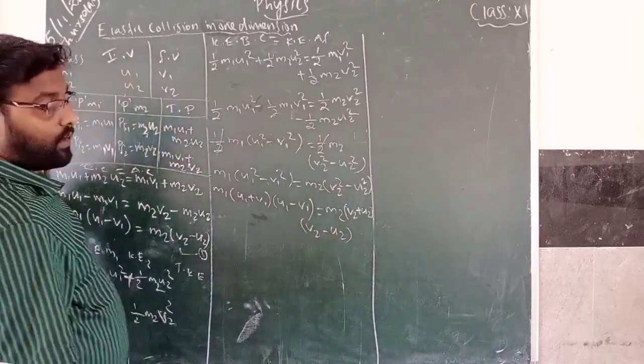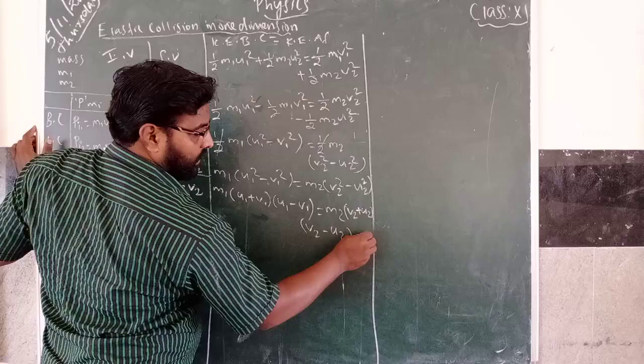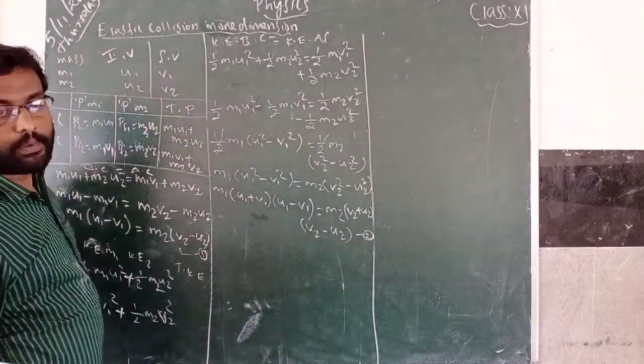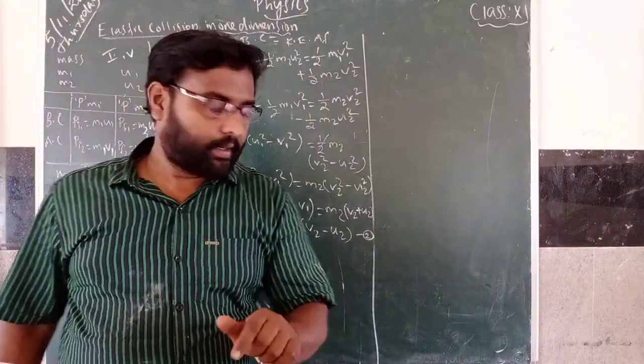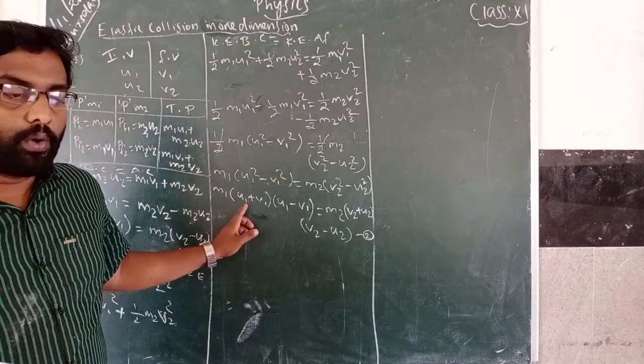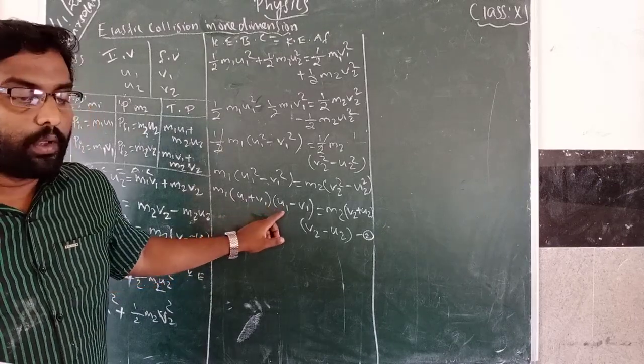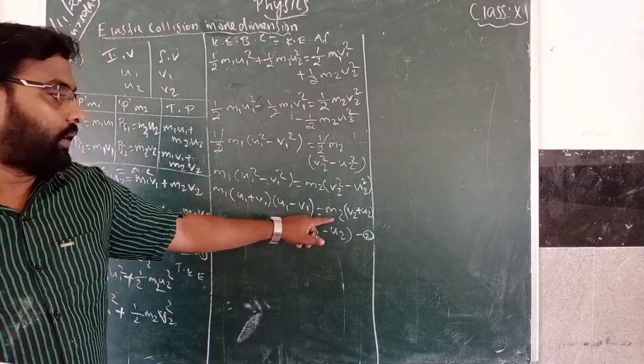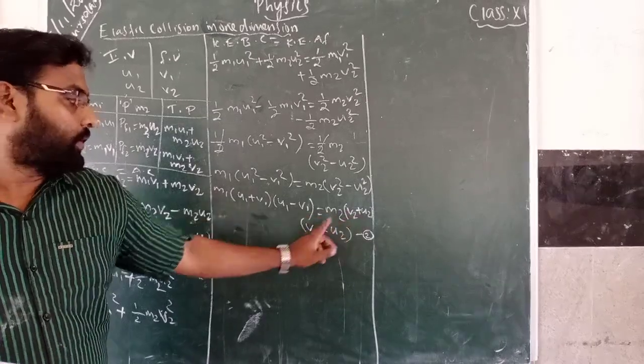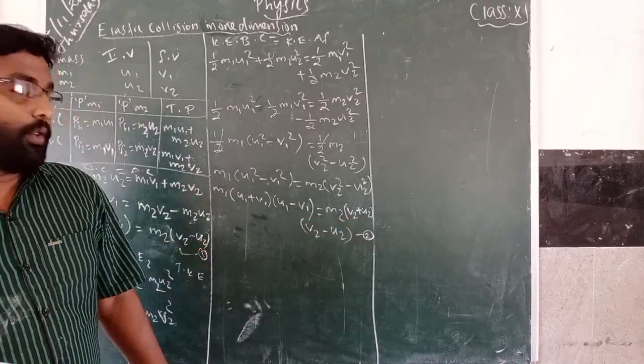Okay, this is equation 2: m1 into u1 plus v1, u1 minus v1 equals m2 into v2 plus u2, v2 minus u2.